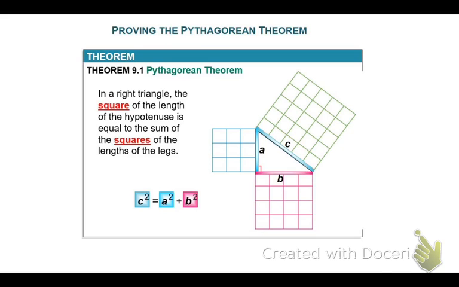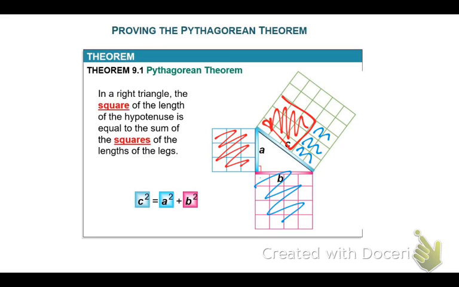There's 9. How many boxes are in b? 16, because 4 by 4 is 16. So if you look, 2, 4, 6, 8, 10, 12, 14, 16. So that's where this all came from.